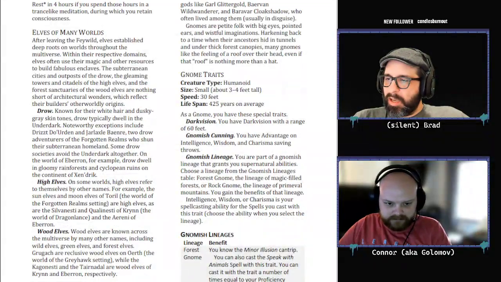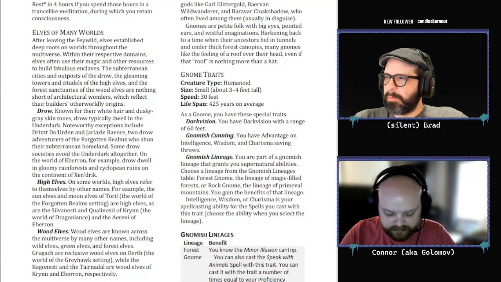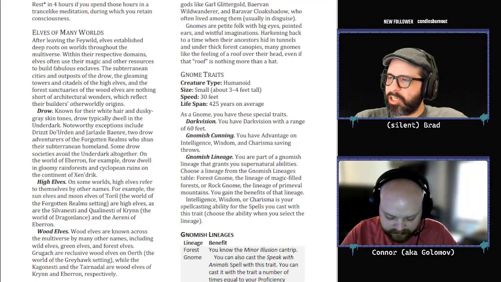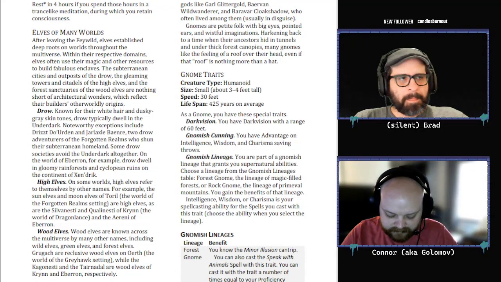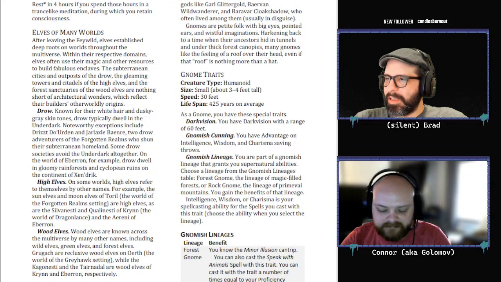Going into the Of Many Worlds. After leaving the Feywild, elves established deep roots on worlds throughout the multiverse. Within their respective domains, elves often use magic. We're halfway through, so I'm going to skim these now.